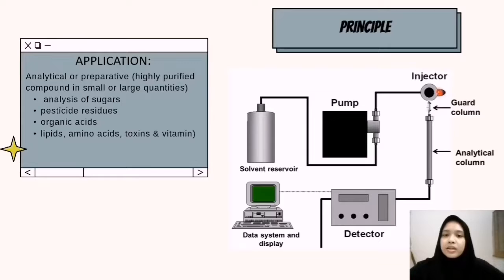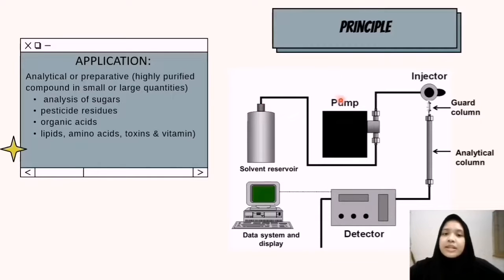So the principles of HPLC: HPLC will begin when we inject the solutes or analytes into the injector on top of the guard column and also analytical column. At the same time, the mobile phase will be released from the solvent reservoir over here and pass through the pump.